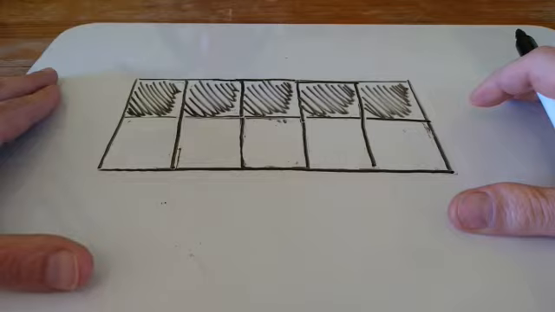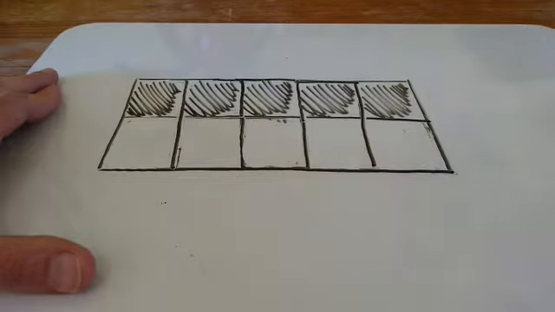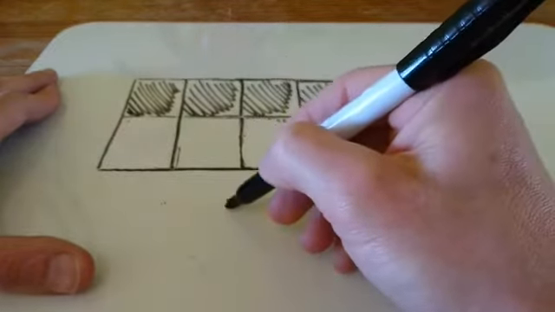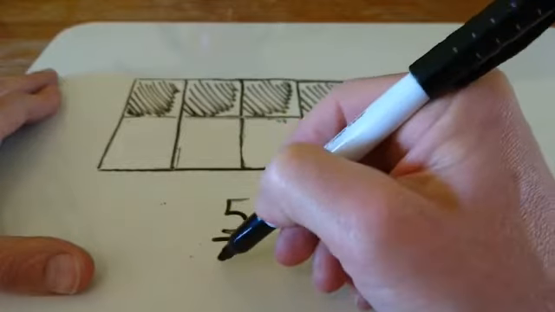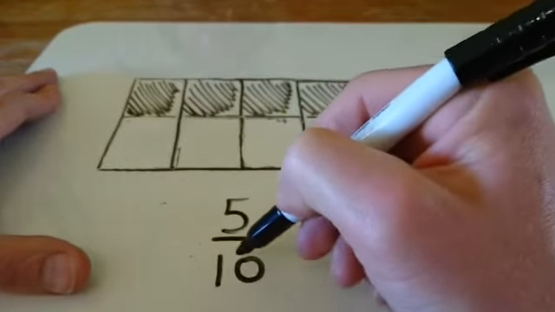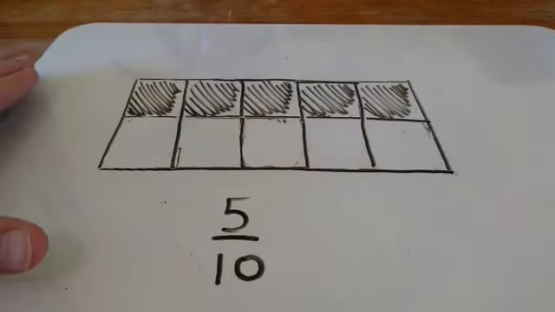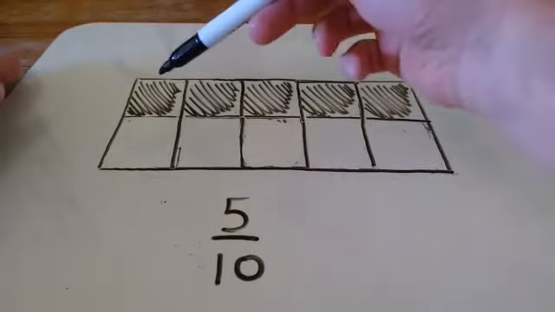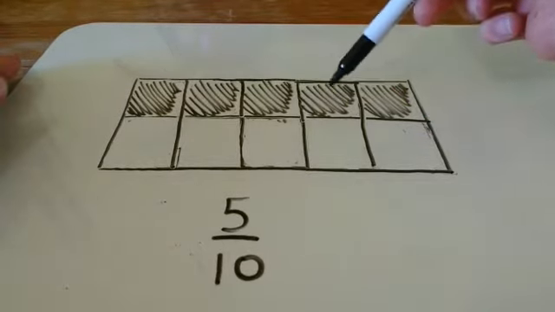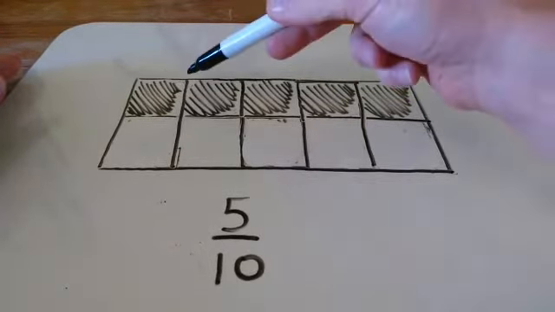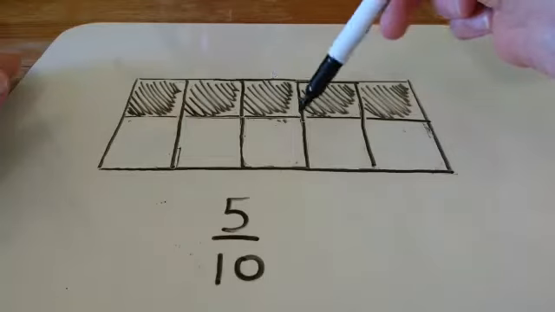Okay, brilliant. The answer is 5 tenths. Now then, if you have a look at this shape, you can see that actually I have coloured in 5 tenths. But imagine I didn't have any of these lines here.